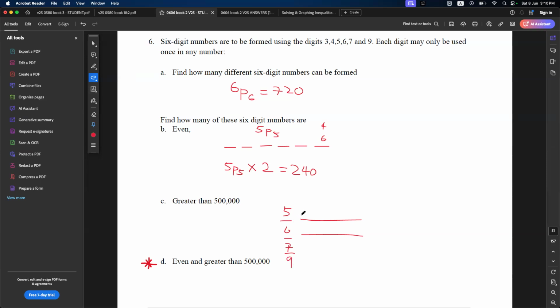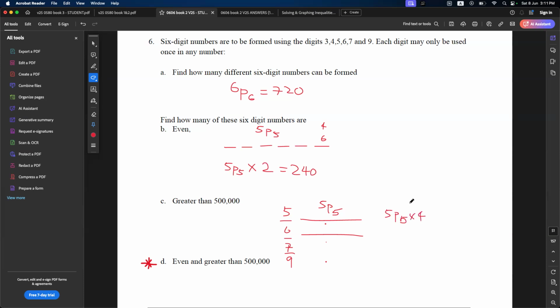Greater than 500,000, 500,001 is already greater than 500,000. So I can start off with 5, and then the other numbers at the back with no restriction yet is 5P5. For 5, 6, 7, 9 it is 5P5 each. So in this case, my answer is 5P5 times 4, or 4P1.